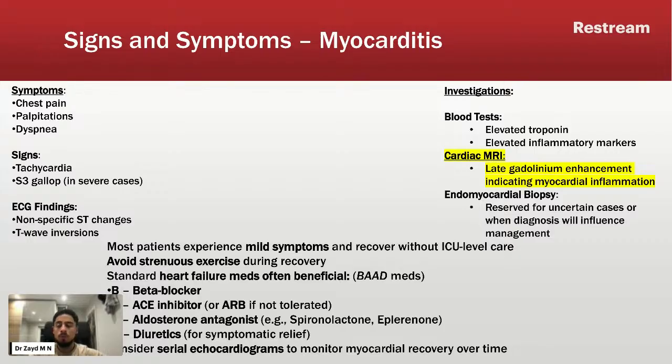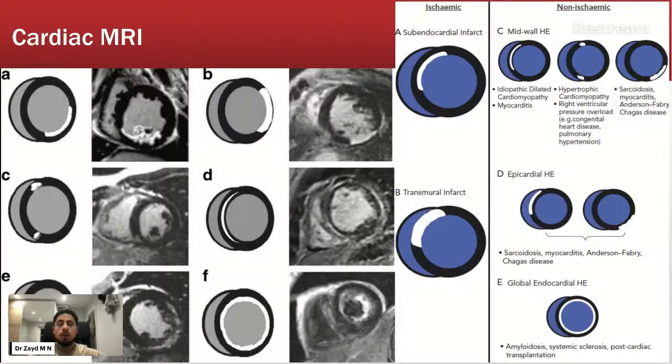So moving on, I'm going to show you some images now. So this is a cardiac MRI. It's quite a specialist examination. And if you can see here, it can help show you many different cardiac conditions.